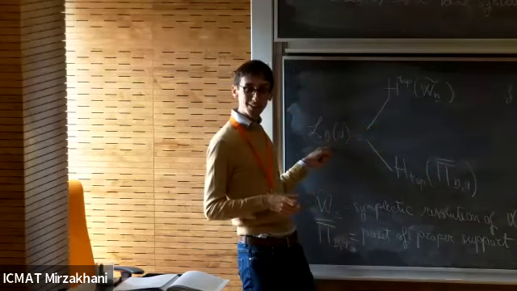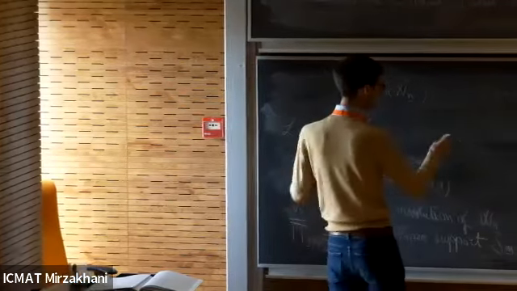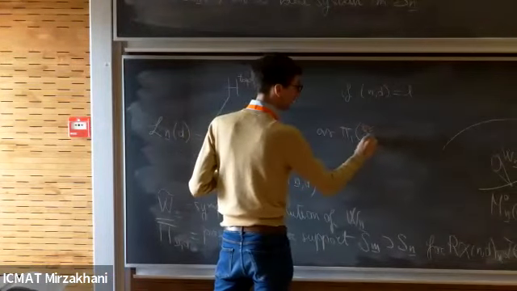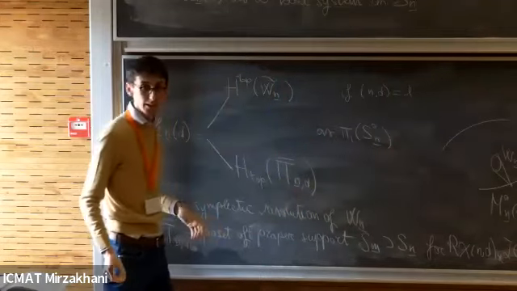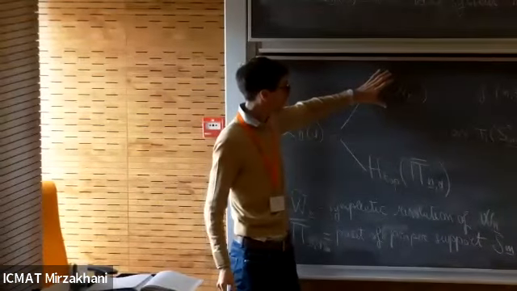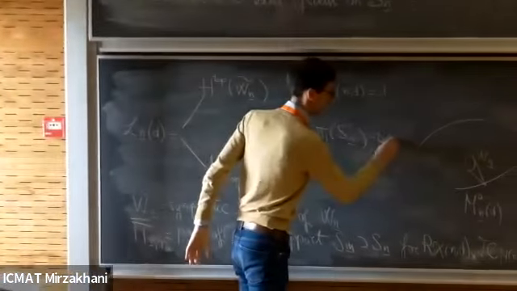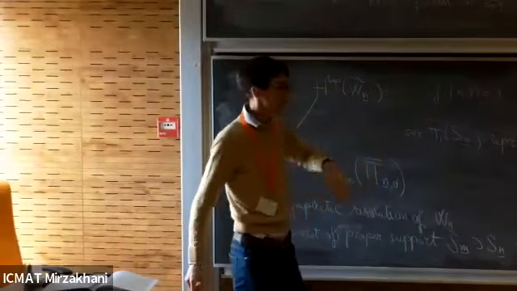And now here I'm saying that this is a local system, but these are only vector spaces. What I mean is that these actually are a representation of the fundamental group of this open set. And so in particular, a representation of this is a local system on this open set.